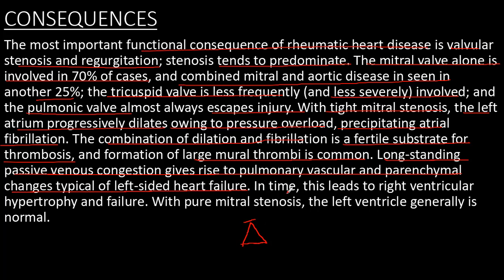In time, this leads to right ventricular hypertrophy and failure. Remember, the most common cause of right-sided heart failure is left-sided heart failure. With pure mitral stenosis, the left ventricle generally is normal.